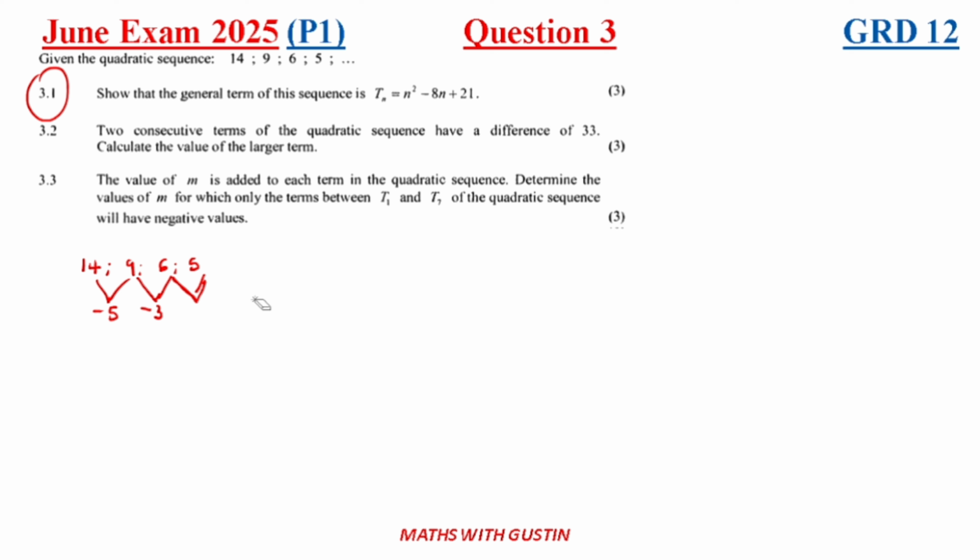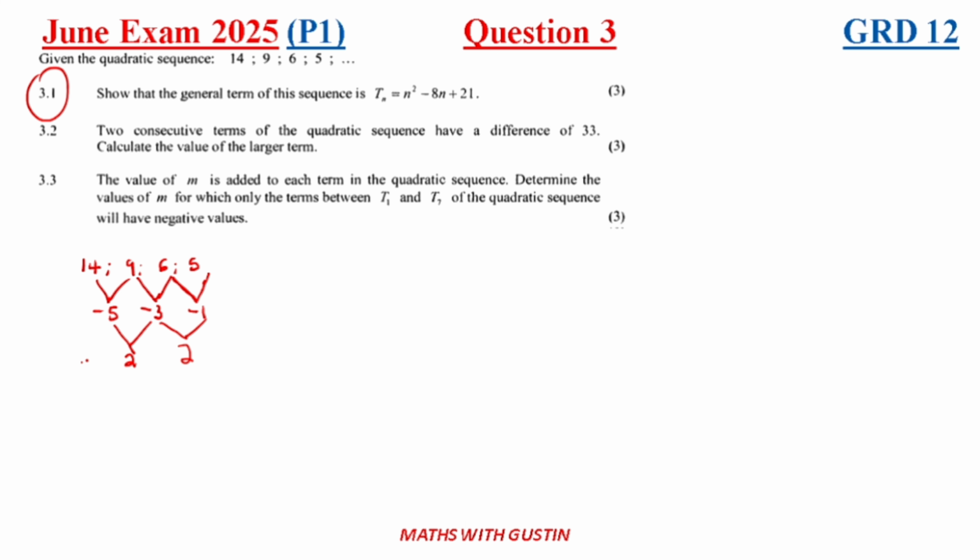Negative 3 minus negative 5 will give us a 2 here, negative 1 minus negative 3 will give us a 2 here again. Great stuff. Another 2. So now we know that this is a quadratic.